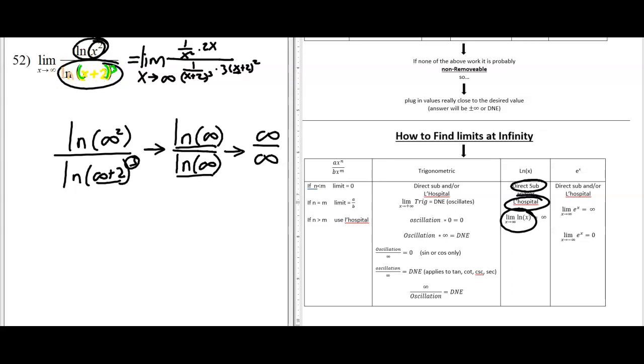So the derivative of the ln is 1 over x plus 2 cubed. The derivative of the green part is 3 times x plus 2 squared, just doing the power rule, moving the power to the front and taking 1 off the power. And the derivative of the yolk, the very inside, is just 1, so we don't really need to worry about that. But that's quite messy, so I kind of want to rewrite it a little bit.